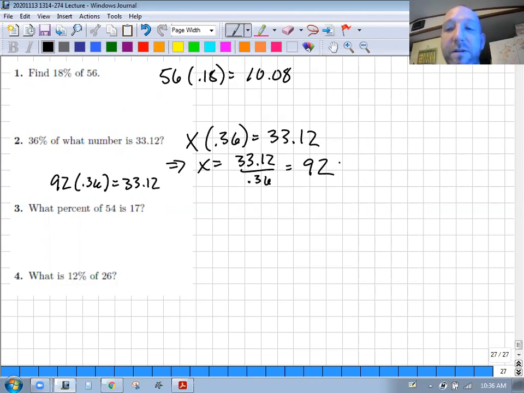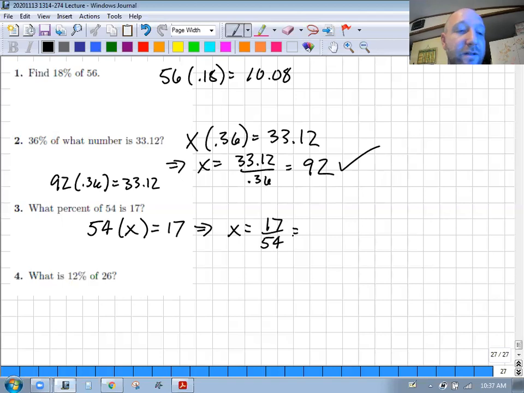So yeah. What percent of 54 is 17? So 54 times some percent is 17. So x would have to be 17 over 54.